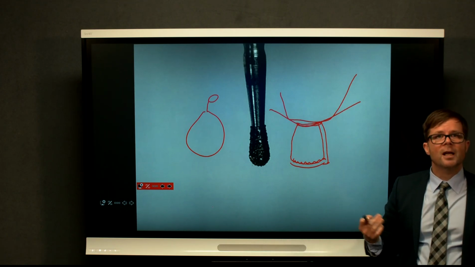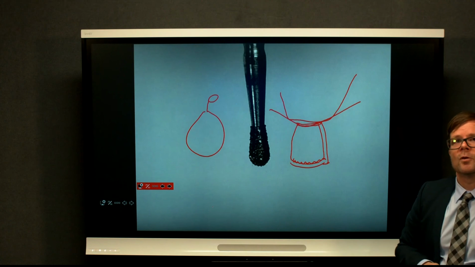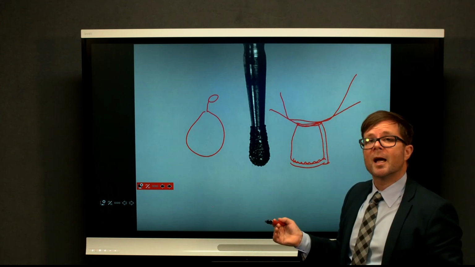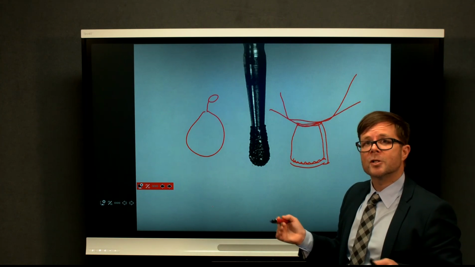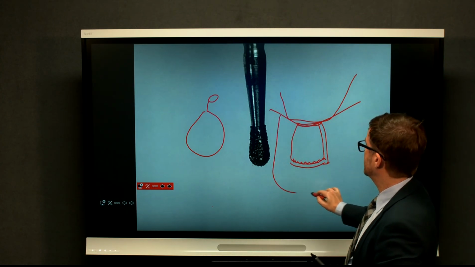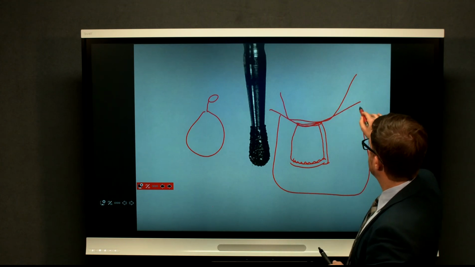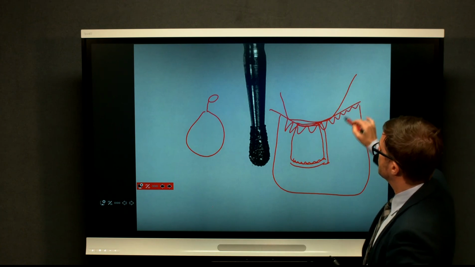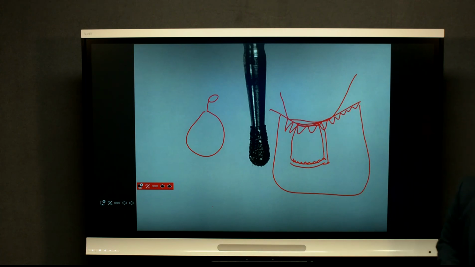For much larger cavities, you will of course need to make different decisions about where you place the margins or the outline form and your materials. If it was going to look something like this, okay, you would probably need a dental material which was much stronger, with much more compressive strength.